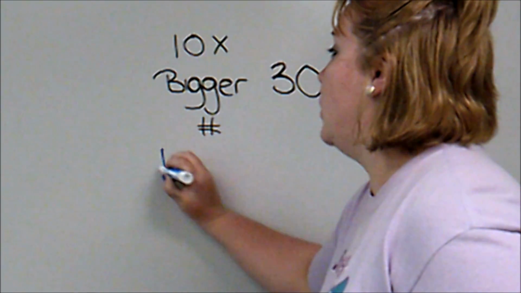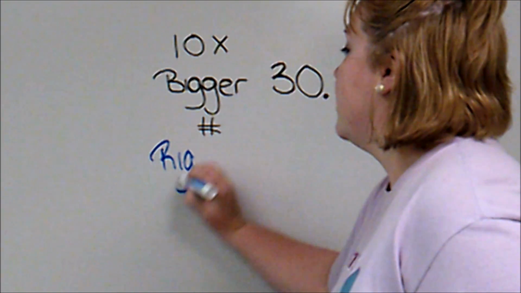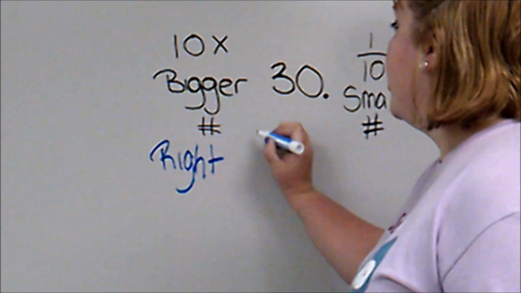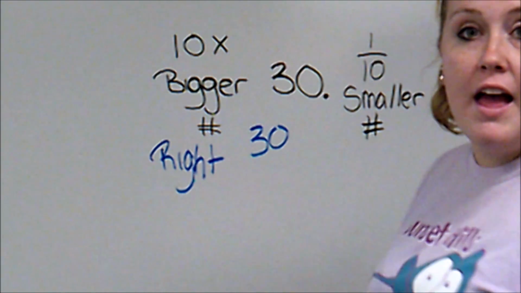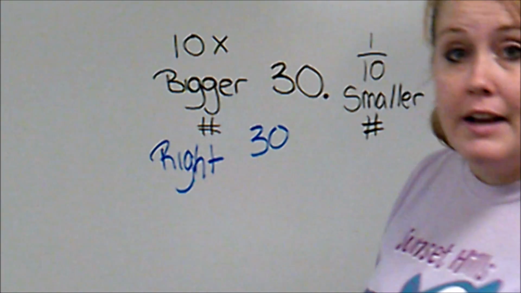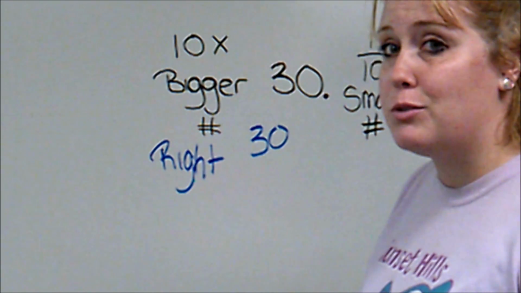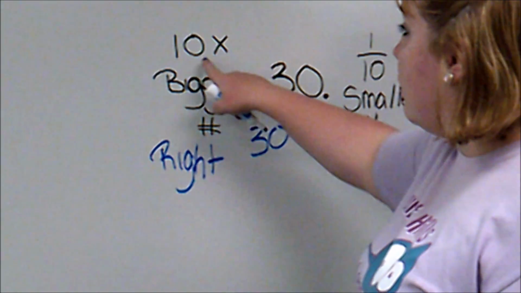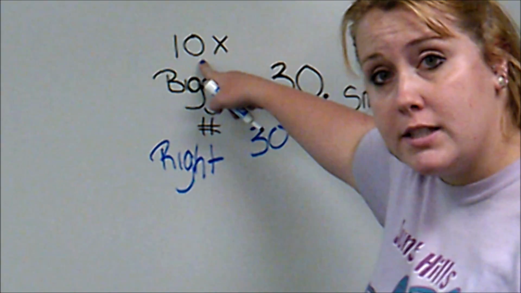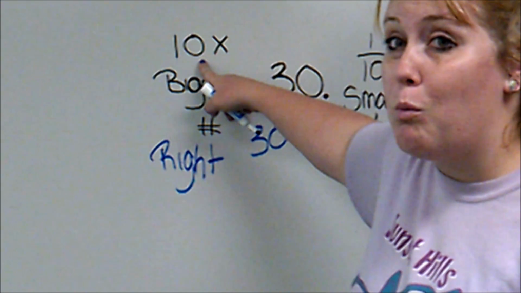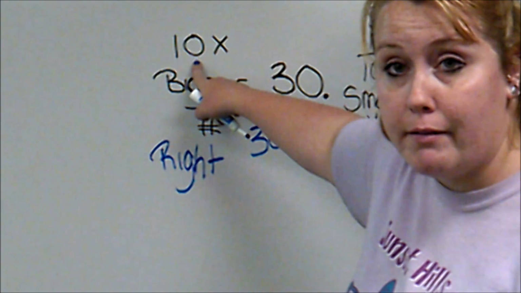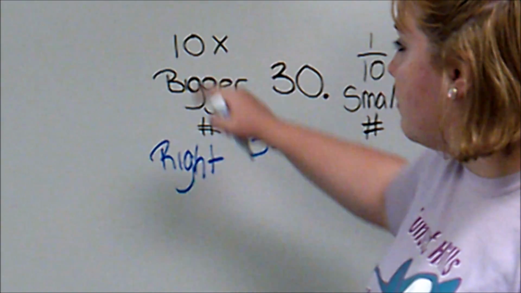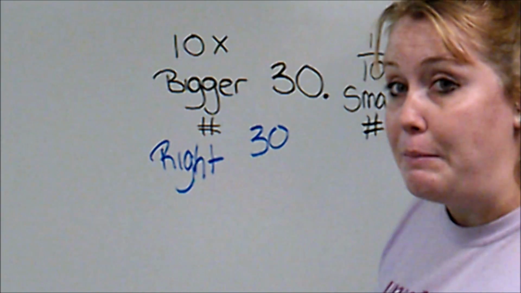I know in order to make a whole number bigger, I move it to the right. So I take that 30 and I move it to the right. Now the problem is, how many place values do I move it to the right? Well, here's the cool thing. I only move it one place value to the right because I only have 1 0 in my number here. So I'm only making my number 10 times the size.